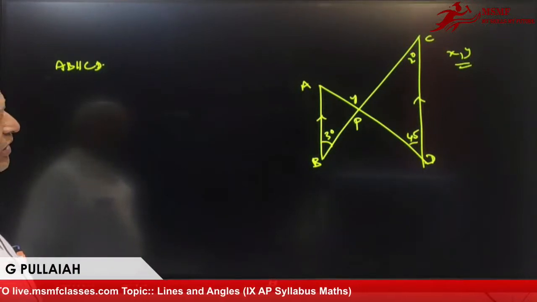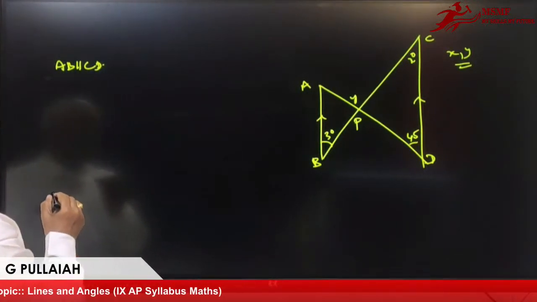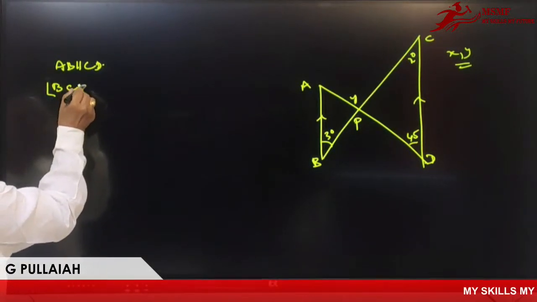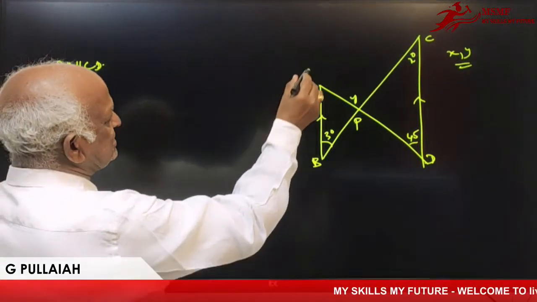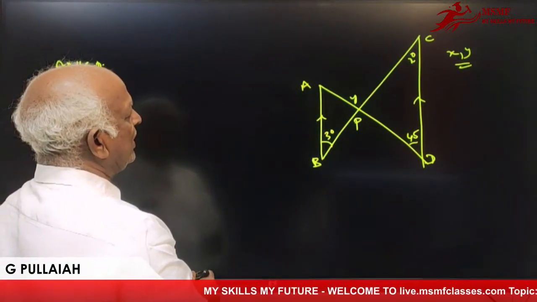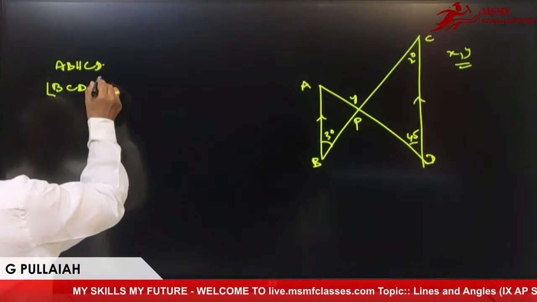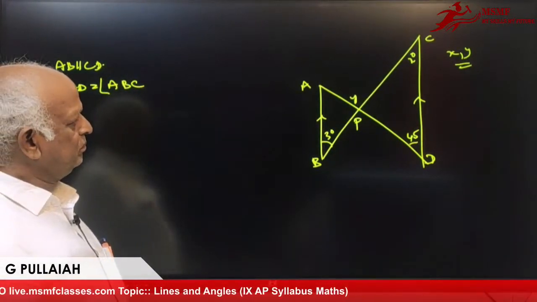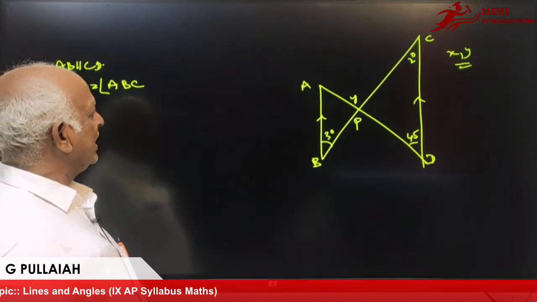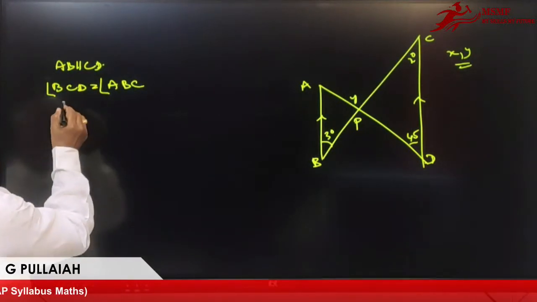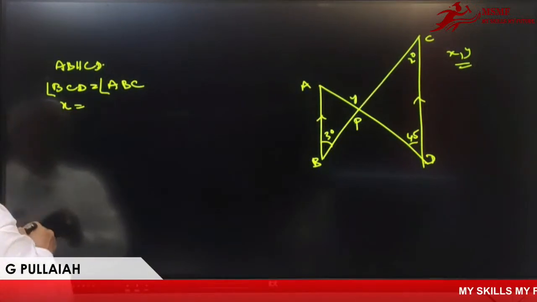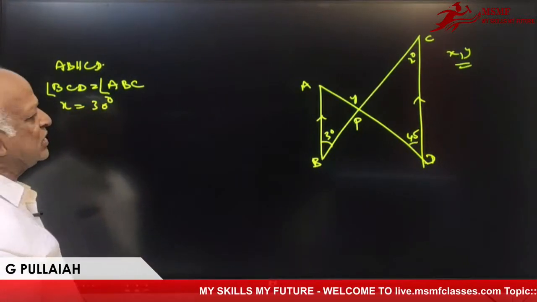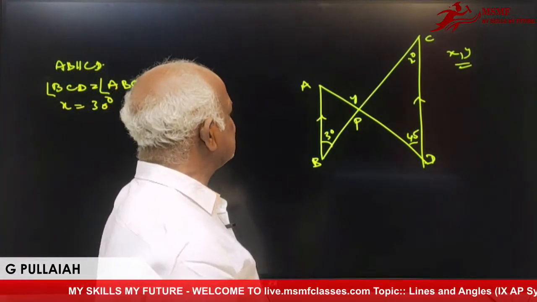If AB is parallel to CD, I can say angle BCD is equal to angle ABC, since they are alternate angles. Angle BCD is x, angle ABC is equal to 30. So angle x is equal to 30 degrees.